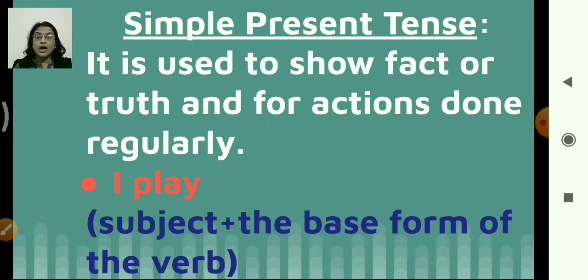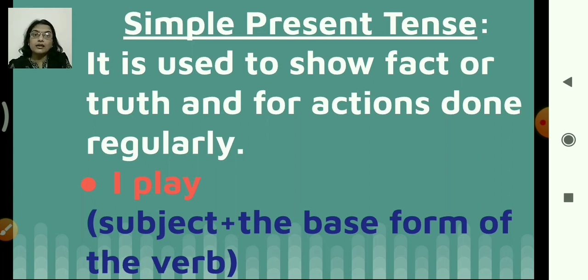So I play. Play is the verb actually. So how is the simple present tense formed? I play, I write. She writes, right? The third person is coming here.